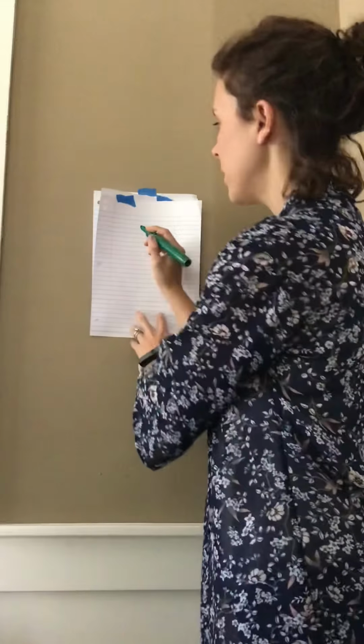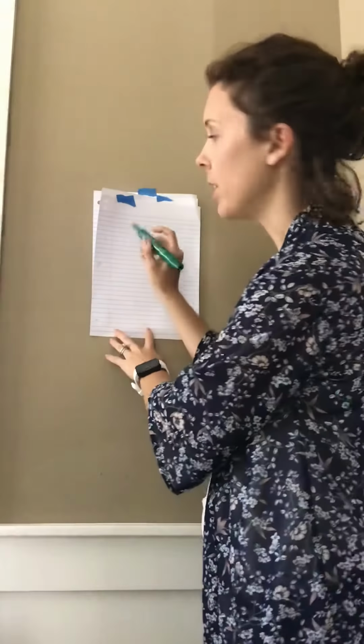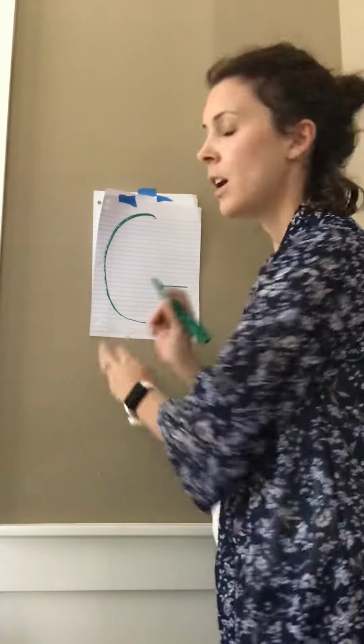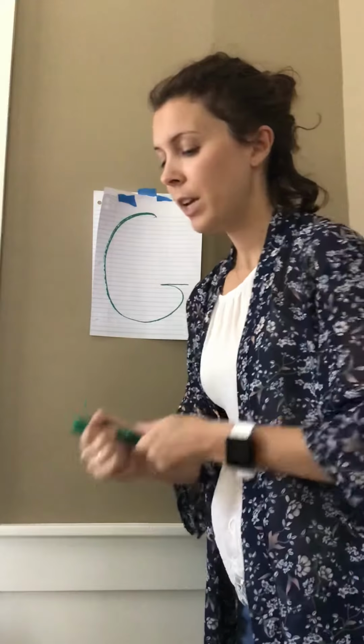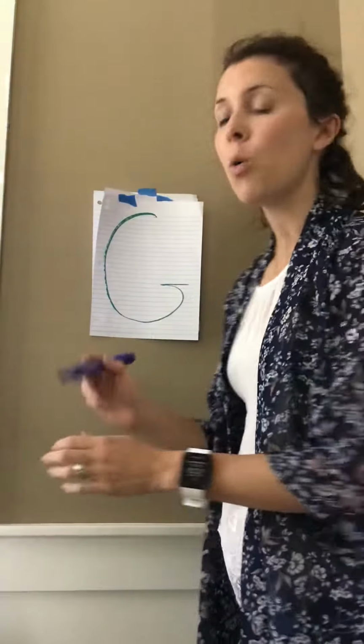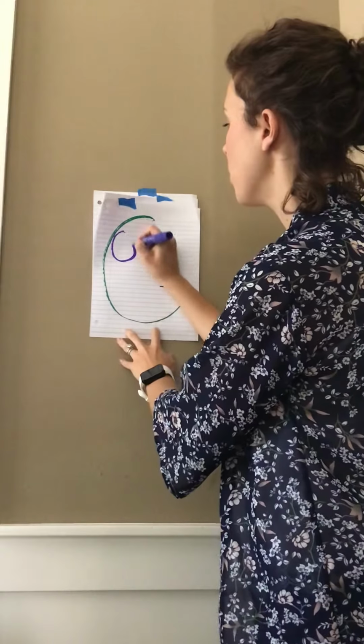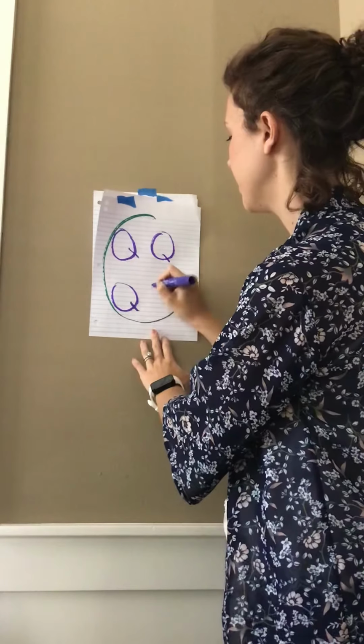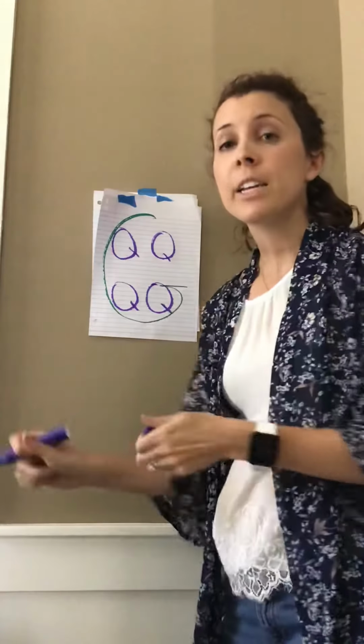So what it's going to look like is in the land of gallon. We're going to draw a big G. G for gallon. In the land of gallon there lived 4 queens. So we're going to do 4 Q's. And each queen had 2 princesses.